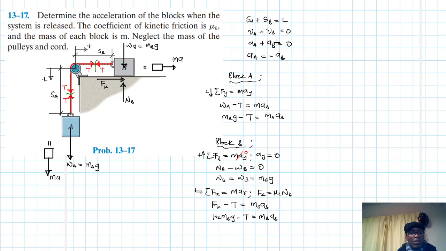So once we've done so, we need to solve these equations simultaneously. So we do have this a_A equal to minus a_B, and then we do have, let's use one of the equations there.